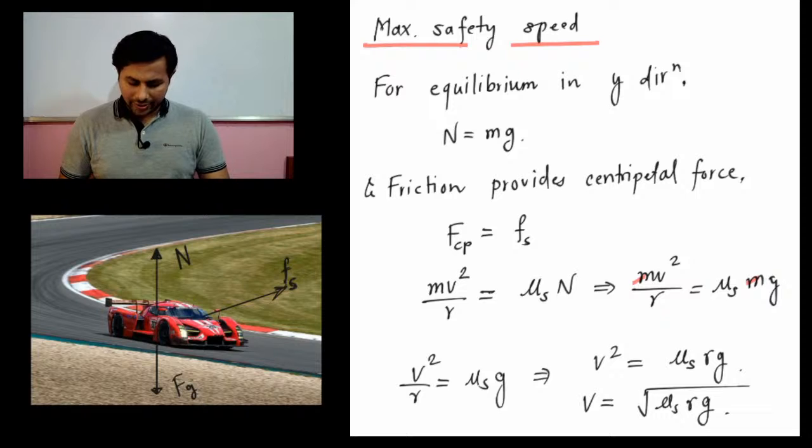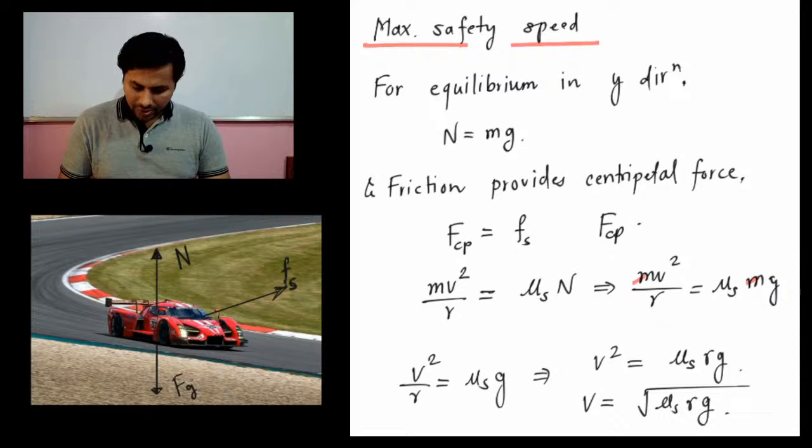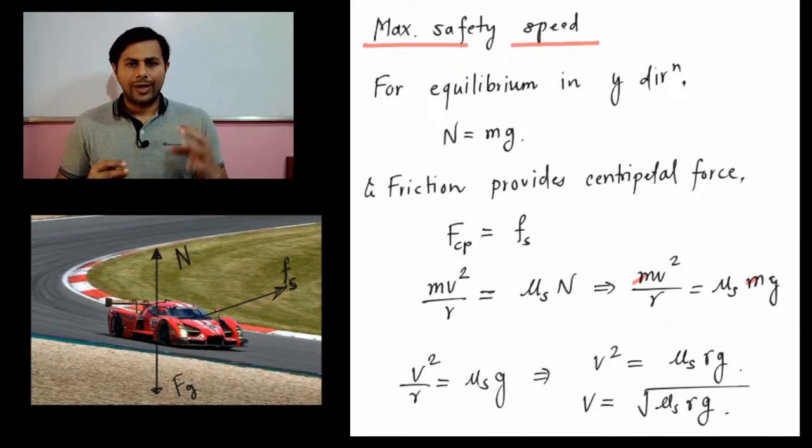So here we can see that since FCP is equal to the frictional force, okay, since the friction provides the centripetal force, what I can say is the maximum value of centripetal force will be provided when friction is maximum.